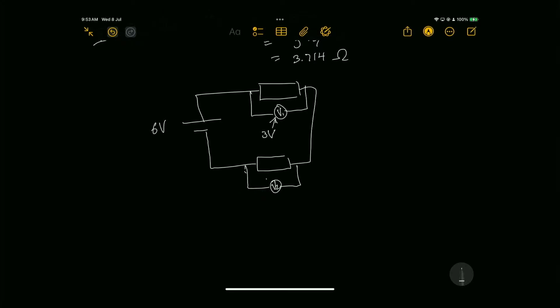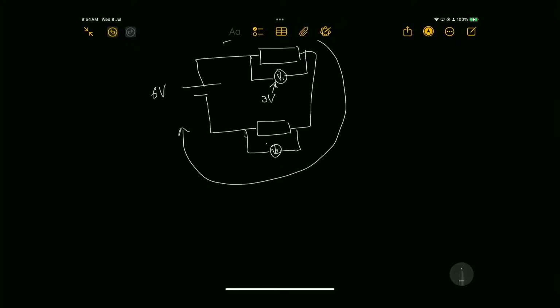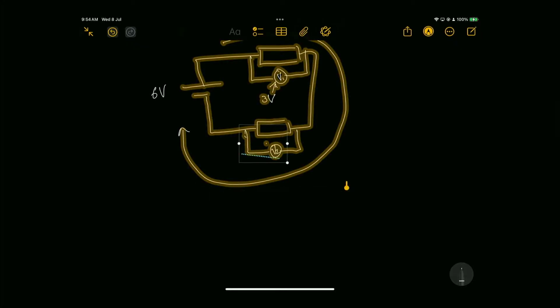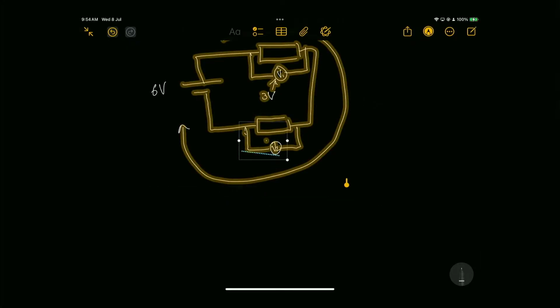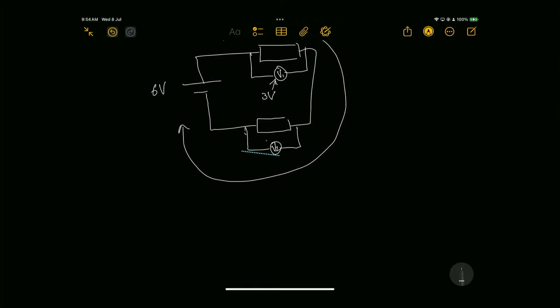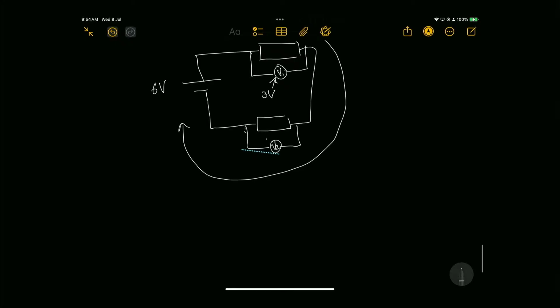So we can take the loop to be in this direction, right? Now across this battery in this direction, we are going from low potential to high potential, right? We go from the smaller line to the bigger line. Therefore, we would have a negative voltage.